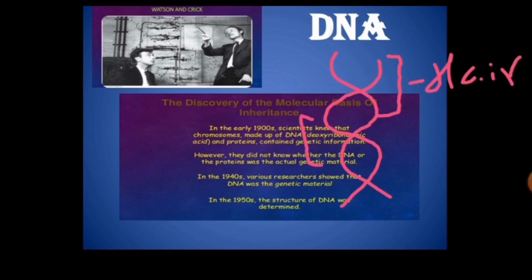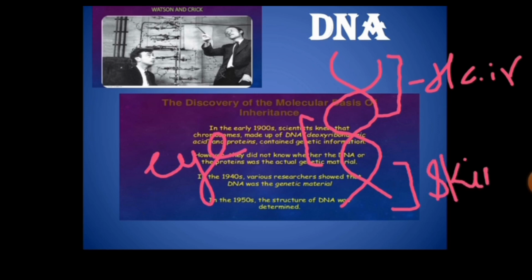This portion is responsible for eye color, and the genes located in this portion are responsible for skin color, right? Now what do we mean when we say this portion corresponds to this trait?